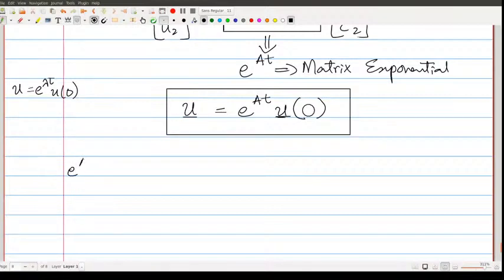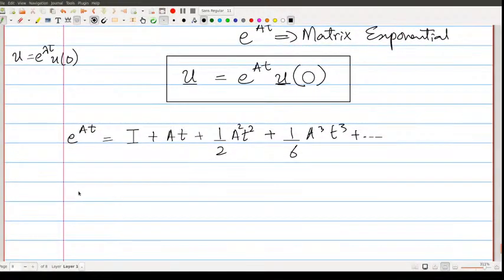Actually, another way of writing the matrix exponential is e to the At equals I plus At plus one half (At) squared plus one sixth A cubed t cubed, plus so on, right?